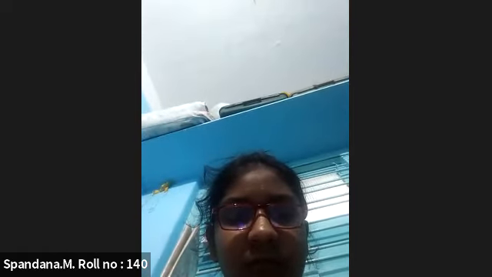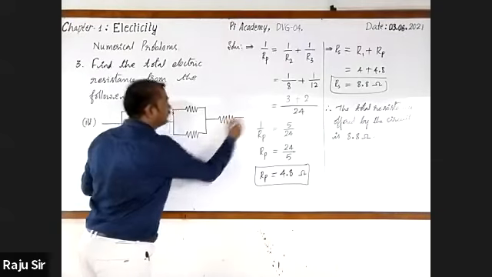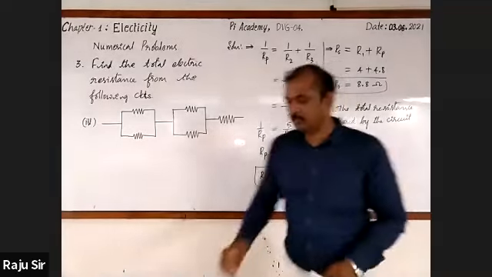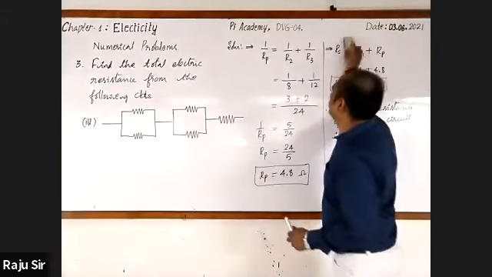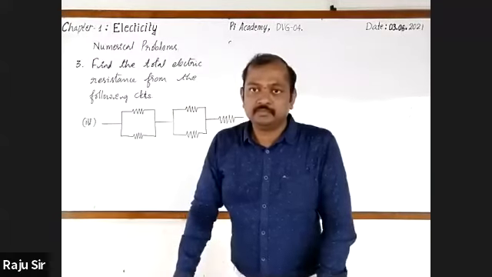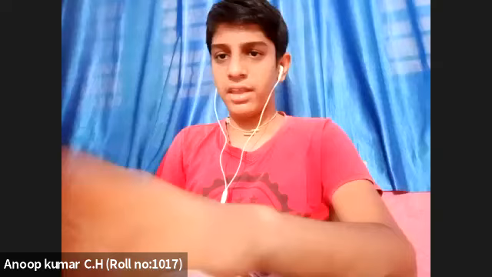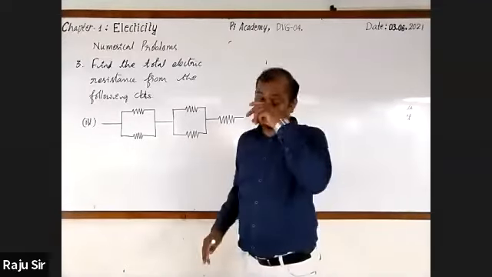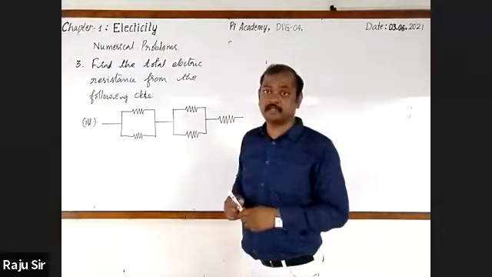Next, this is the fifth resistor. Now, could you tell what type of connection it is? Mixed connection. How many resistors are there? Five resistors: R1, R2, R3, R4 and R5.